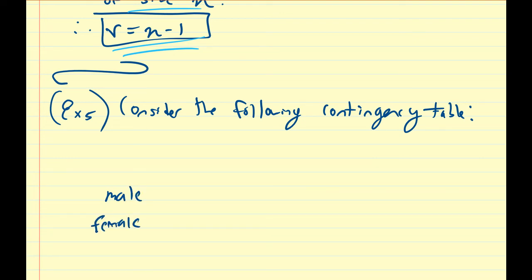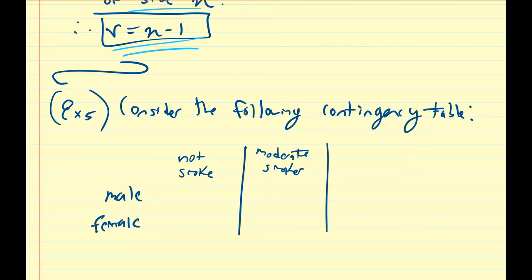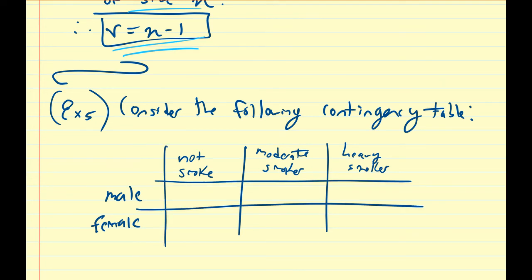And let us consider the classifications of smoking. Let us assume they do not smoke, they are a moderate smoker, or they are a heavy smoker. Let's assume this is an exhaustive set, so there are no other possible values here. Let us assume there are some values associated with this.